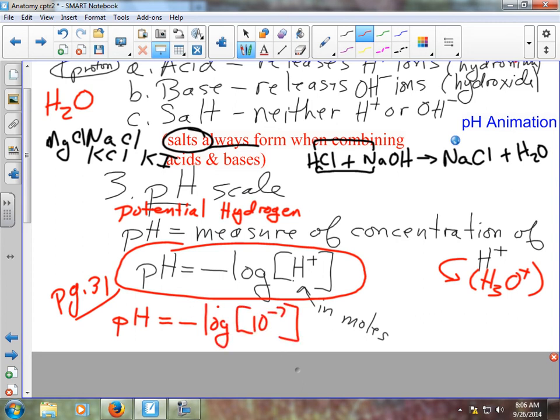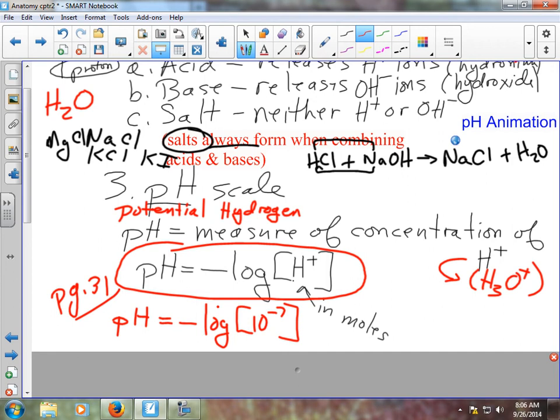Have you guys worked with logs too much other than just hitting the log button on your calculator? Okay. Well, when you do the negative log, basically everything's base 10. So if I already have a number base 10, and I take the negative log of something with a negative exponent, it makes it positive.